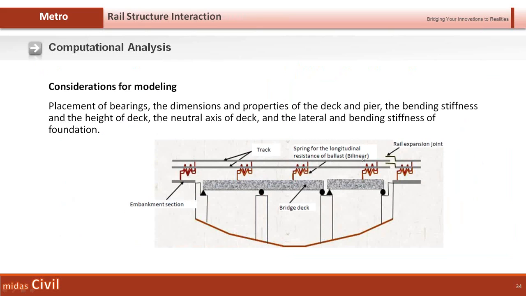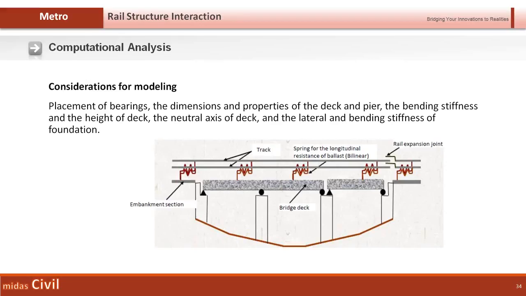So in the computational analysis, what considerations need to be taken? If you have understood what I've explained in the last few slides, then many considerations come to mind. One is that for a rail track analysis, for continuous welded rails, I need to consider the full span. I cannot work on just one span and check the result.